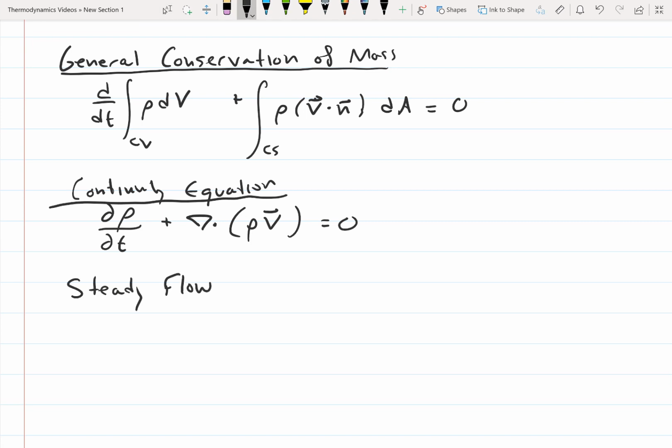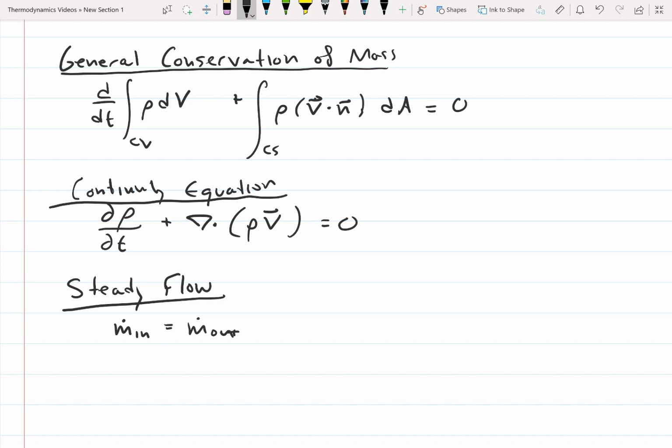For steady flow, this d dt term is 0 because there's no accumulation of mass in your control volume. So basically we have that the mass flow in is equal to the mass flow out. And this is because there's no accumulation in your control volume, and so the change in mass with time is equal to 0.